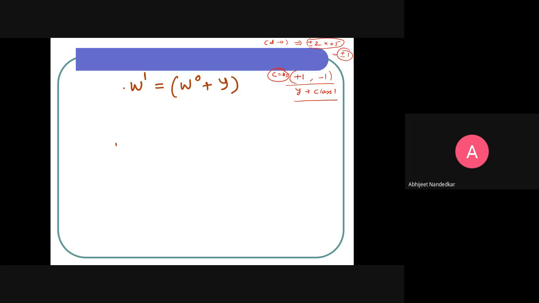So my further derivation becomes easy. C will not come into the picture now. So what is W1? That is, new weight is equal to old weight, that is the 0th iteration or 0th step in this case, plus Y, that is the input.